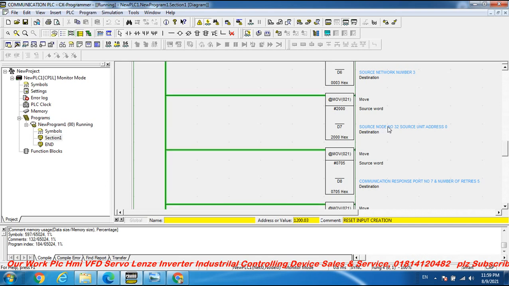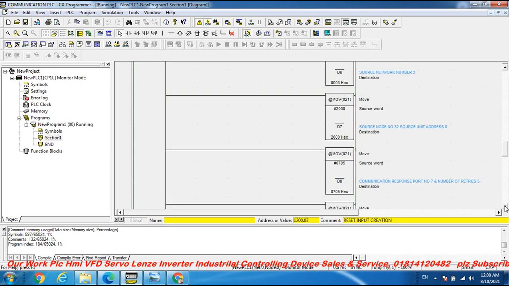Source node number 32, source unit address 0. 20 and 00: 20 is the source node number 32, and the source unit address is 00.